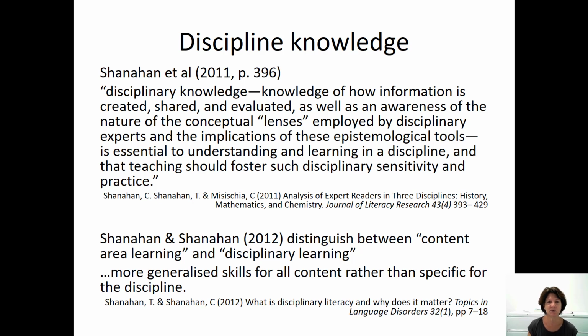So we want to distinguish between those more generalised skills for content, which are good and come under that general academic learning, which we want to foster in our own students at high school. And then we need to say, how do we apply that into our specific discipline? So if we think about literacy, there's that generalised idea about, yes, I can get information, but then how do I get that information in my content area? The same for numeracy.